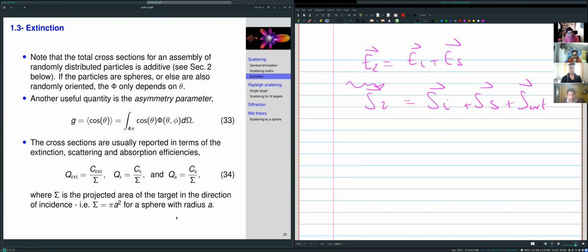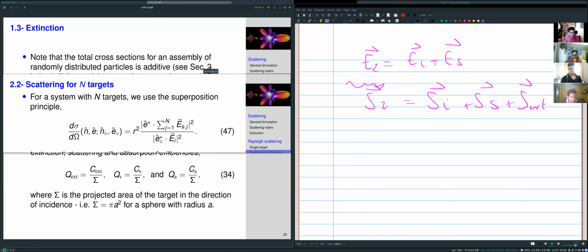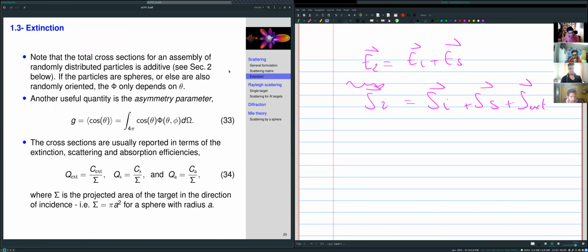Because of the linearity of the Maxwell equations, if the obstacles are randomly distributed, there's no interference phenomena between them, and we can expand on this later on.